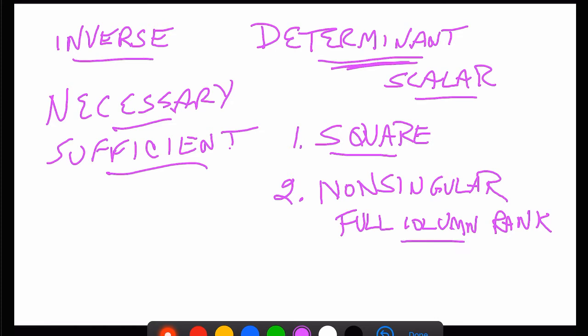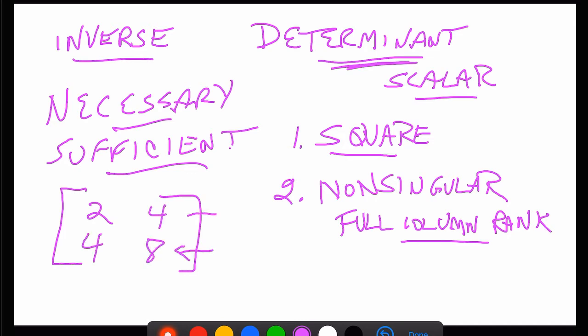And again, what does that mean? Well, it means that the rows or the columns in the matrix can't be linearly related.